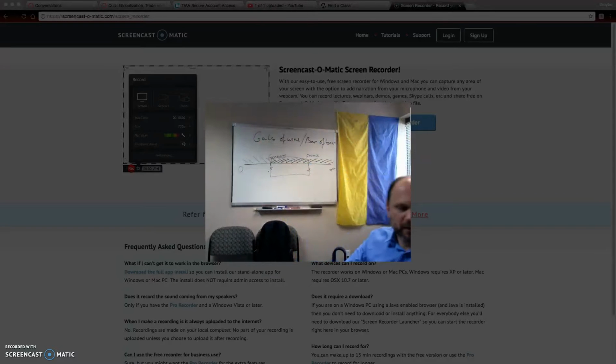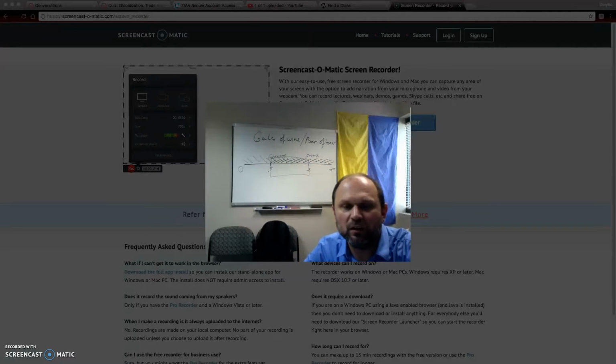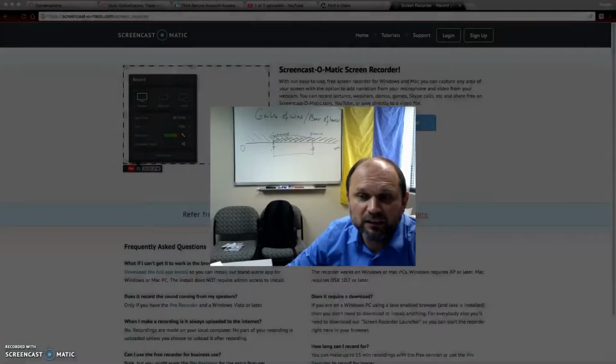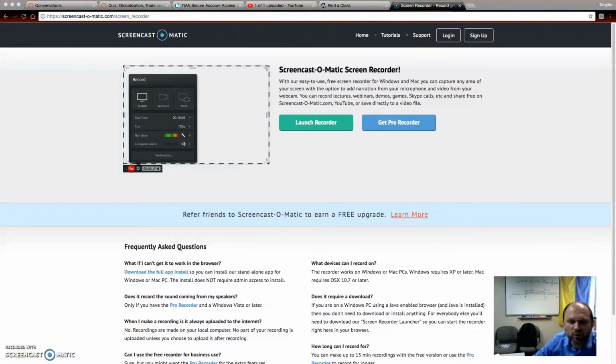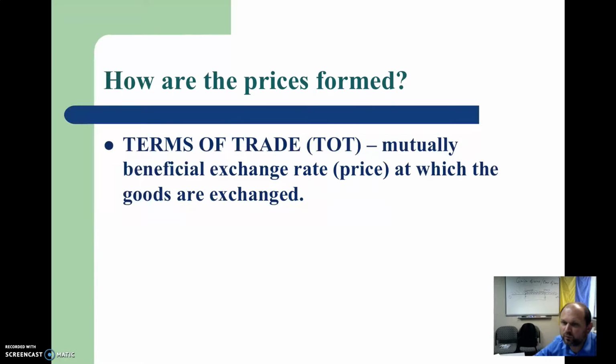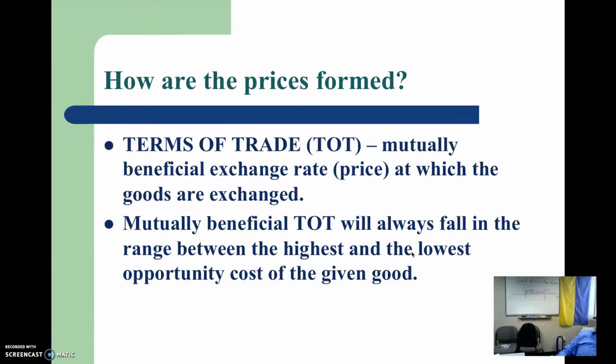With the limited information that we have right now, it's hard for us to say where exactly we're going to end up with the prices, but we can definitely say that we will be in this range between 0.5 and 0.8. The mutually beneficial terms of trade will always be in that range between the lowest and the highest opportunity cost of a good. So in this situation, between 0.5 and 0.8.